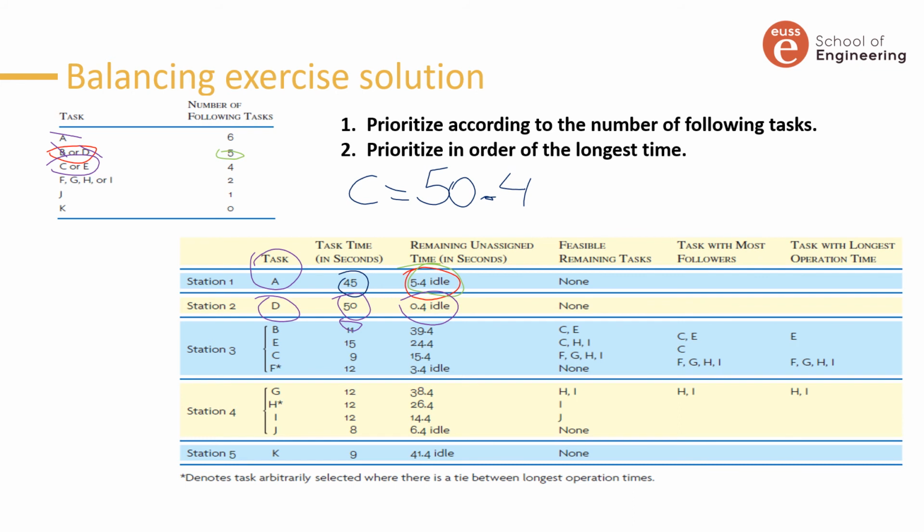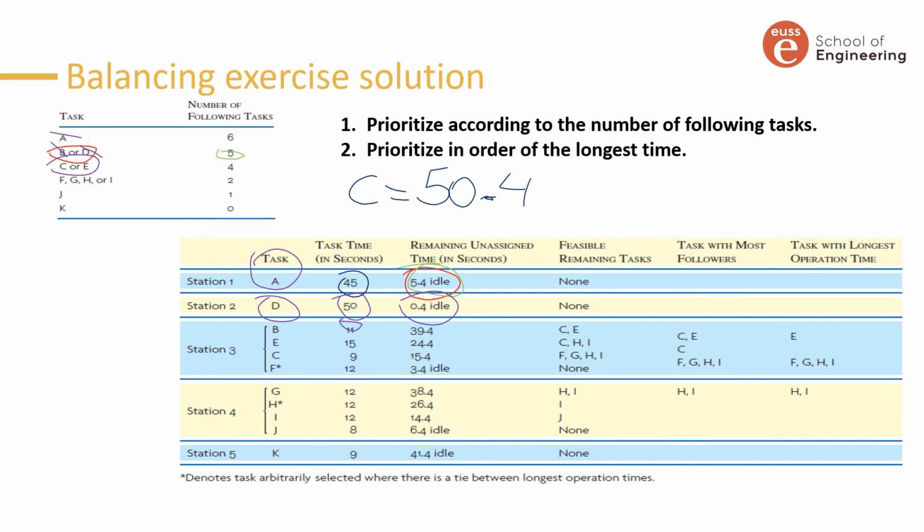So in the case of C or E, again, tie happens. Why? Because both of them have four following tasks. But pay attention. The task time of E is 15 seconds, while the task time of C is 9 seconds. So between 15 and 9, based on the secondary rule, which one has the priority?